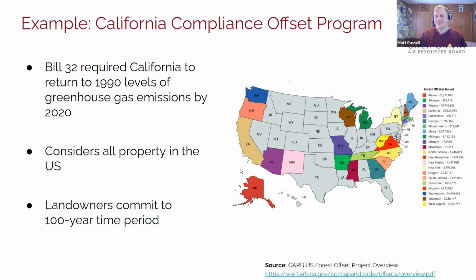If forests are sequestering carbon elsewhere, they can be traded as a part of this California market system. This has generally been a good success because it's been a part of lowering greenhouse gas emissions in California and meeting that goal to decrease those levels before 2020.